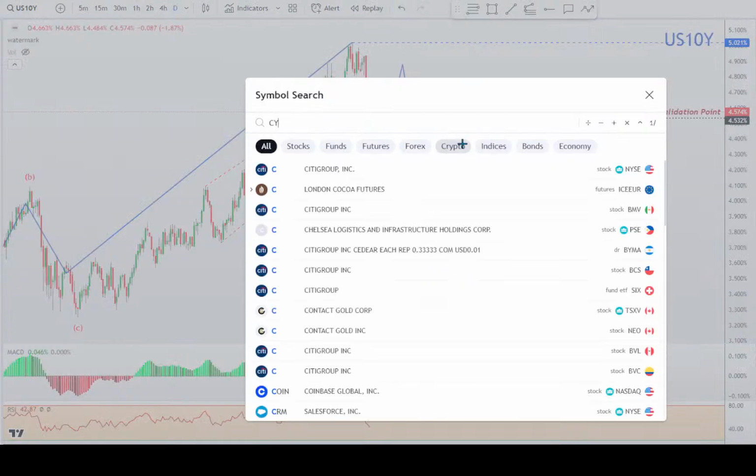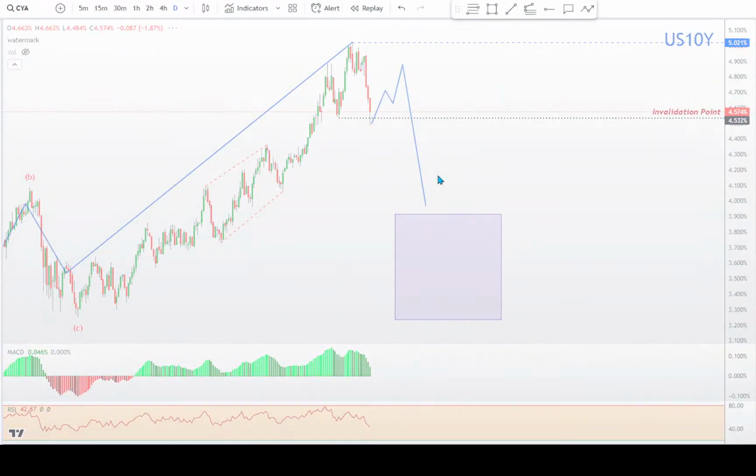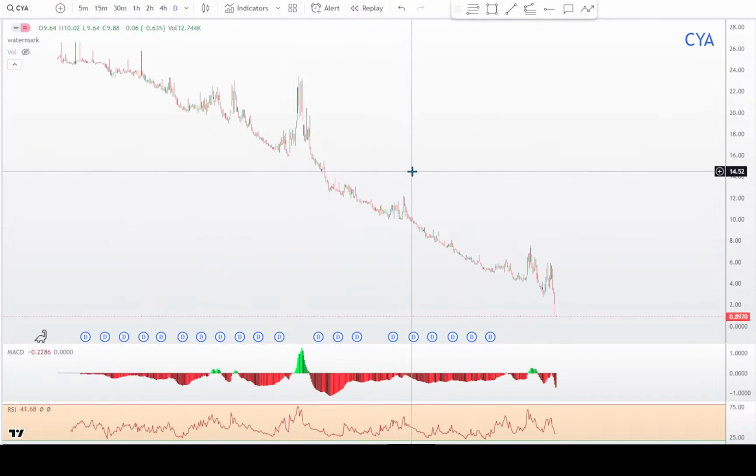CYA. What is that? Tail risk strategy. Simplify Tail End Risk. I haven't heard of that. Simplify. Let's take a look at it. I hope you've been selling this thing.